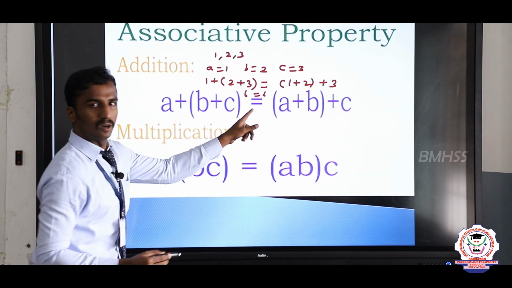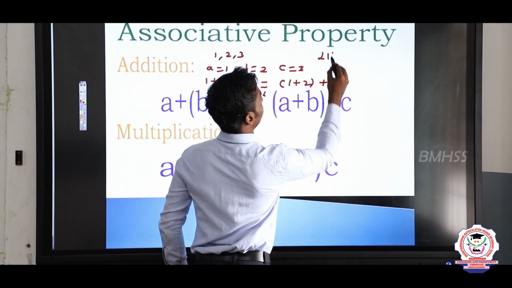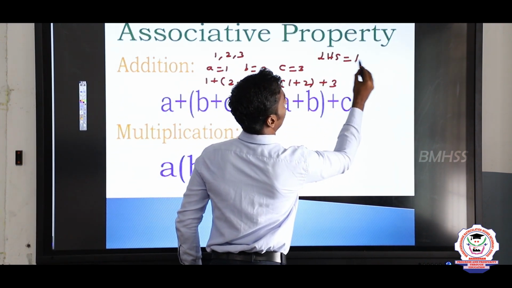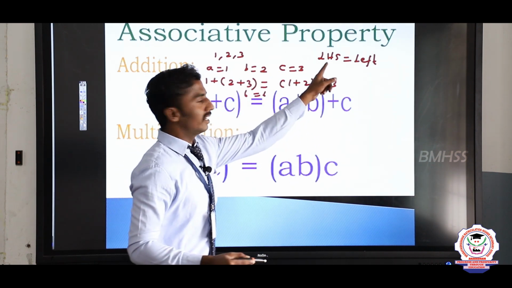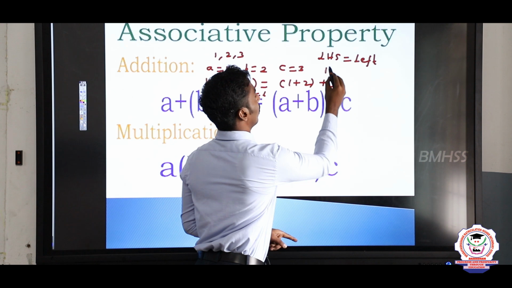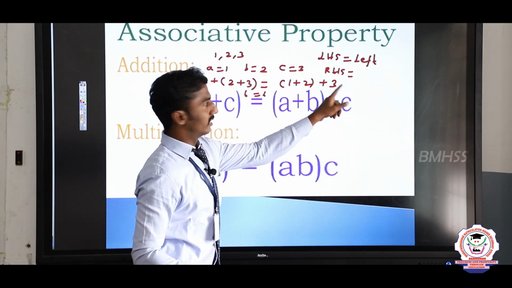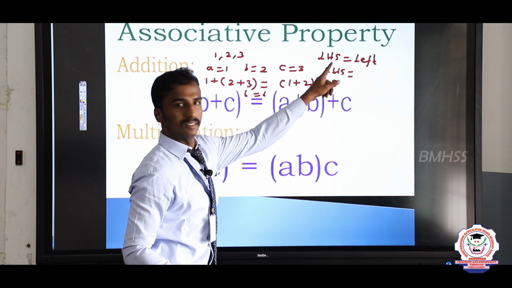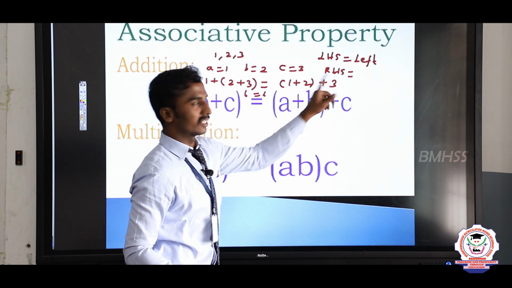So LHS equals RHS. LHS means left hand side, RHS means right hand side.